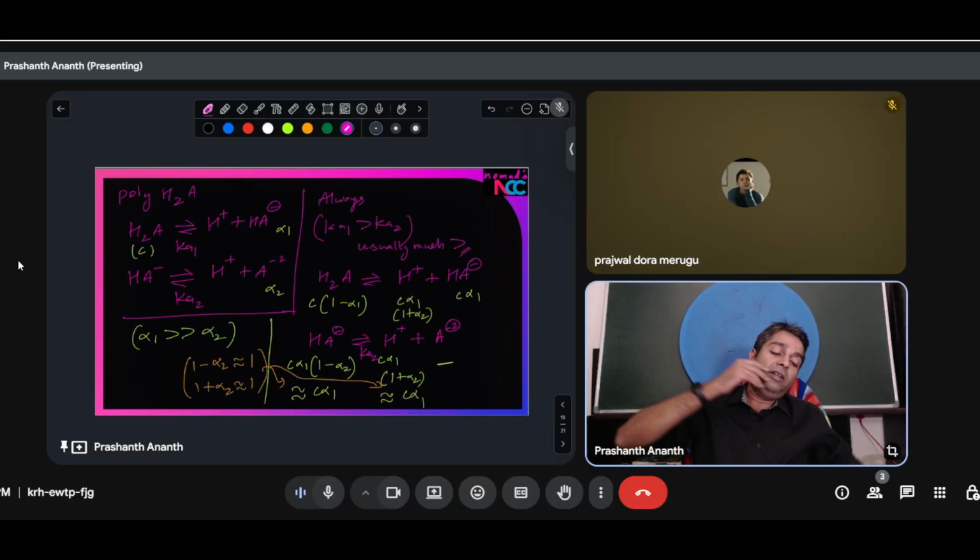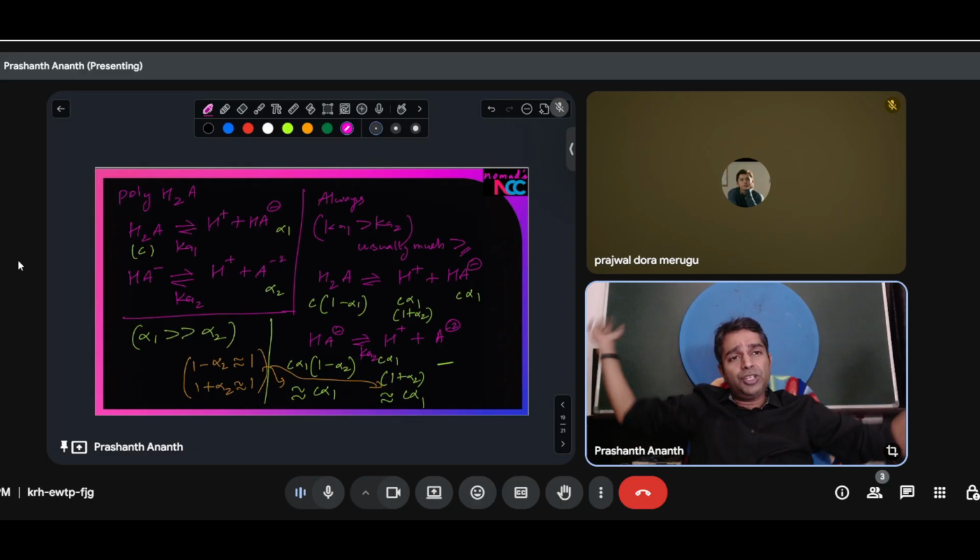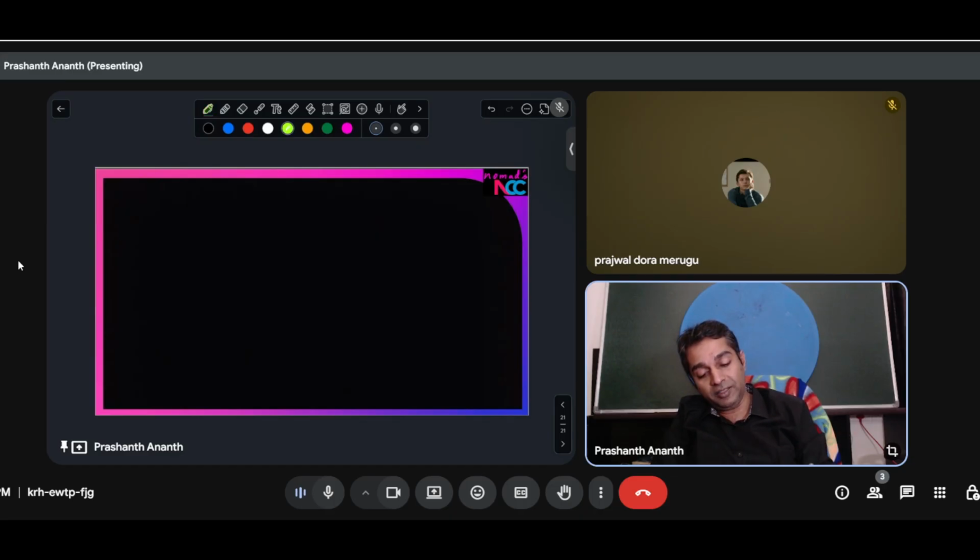Okay, now this is one of the types of polybasic acids. We can of course extend this kind of logic on and on. For instance, let's say I am taking a triple acid, H3A. What will I have? I'll have C into 1 minus α1, H+, H2A⁻, so I'll have this as Cα1, this will be Cα1, and this equilibrium constant will be Ka1.